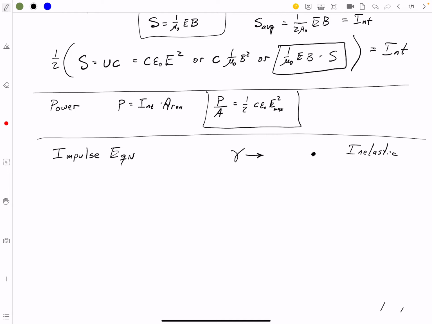Absorbs completely. So our force from momentum is equal to delta P over delta T, which is our P final minus our P initial.